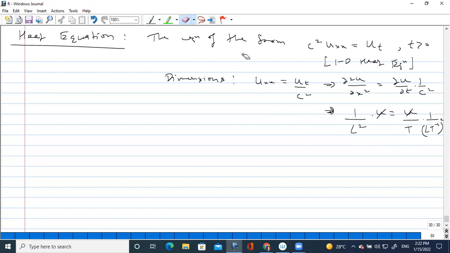T by L square will come. 1 by c square now. So it is wrong now.